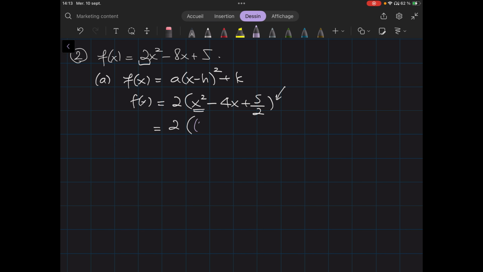X squared is essentially 1x squared. We now need to split the middle term into 2 times 1x times another term. This term has to be negative 2.